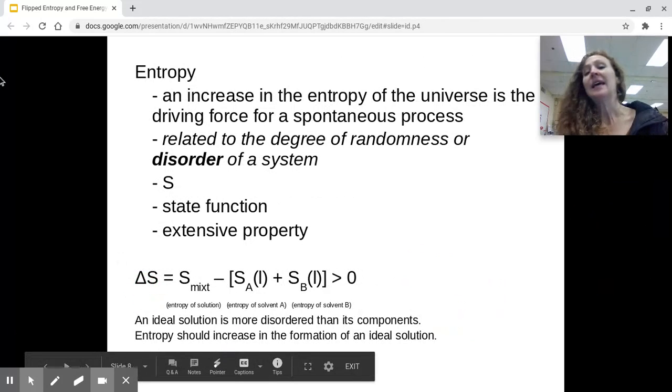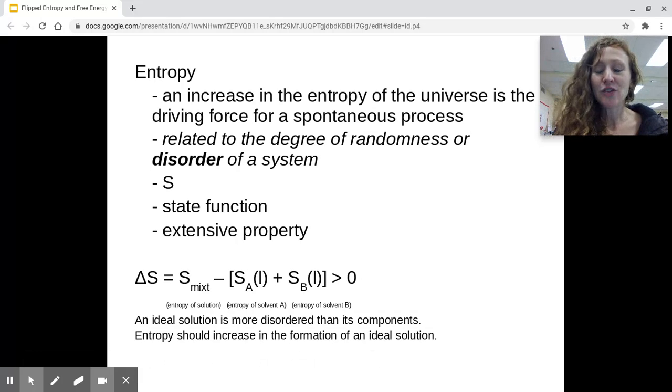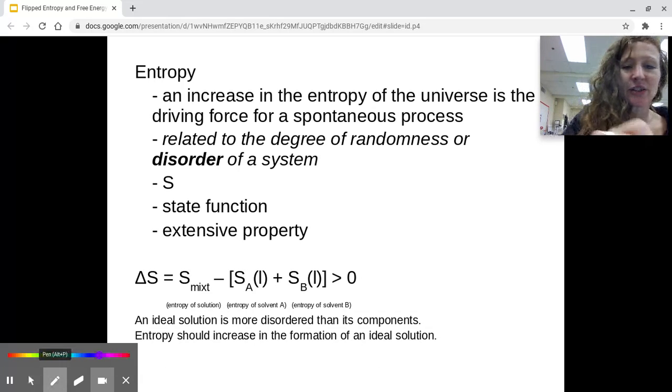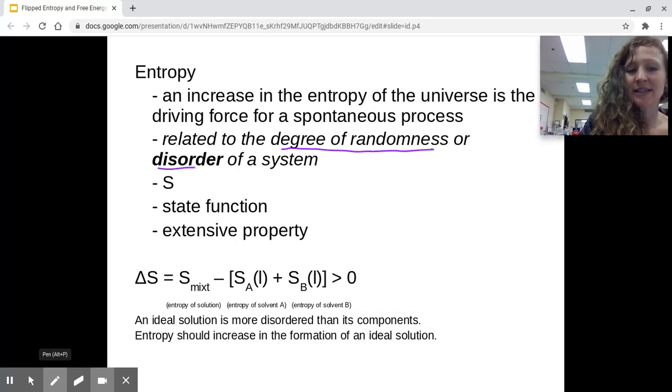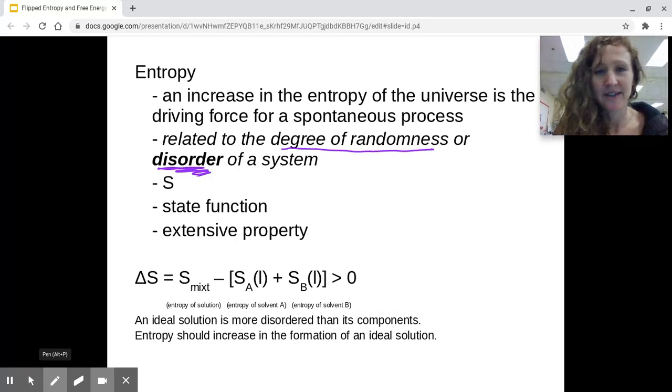So let's look at what entropy is. All right. Entropy. Entropy is related to the degree of randomness or disorder of a system.